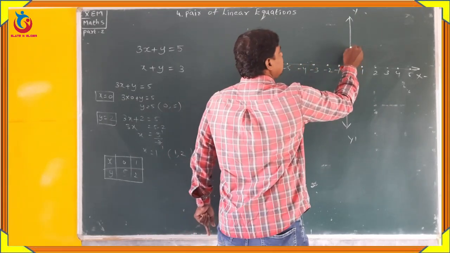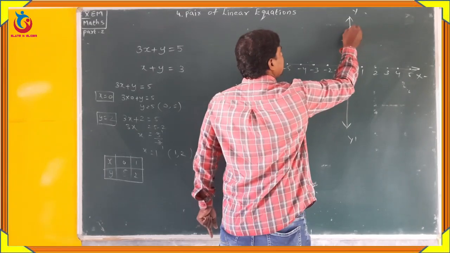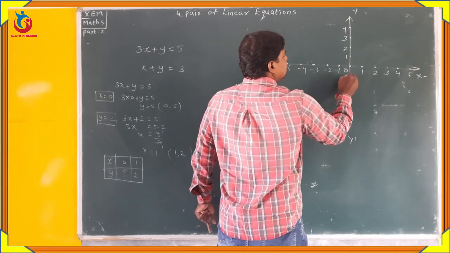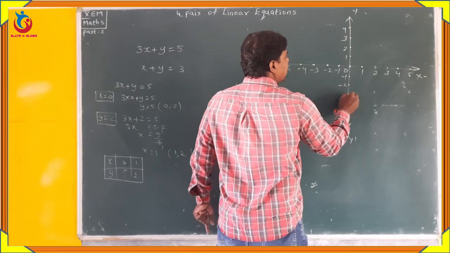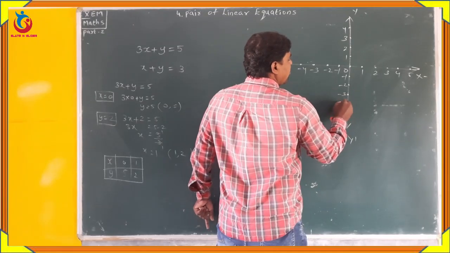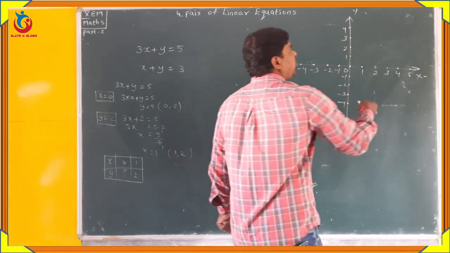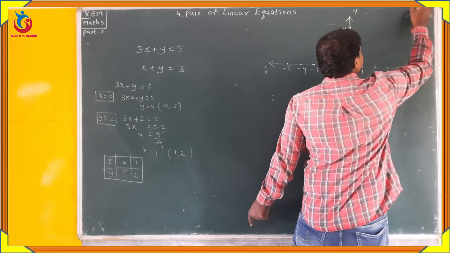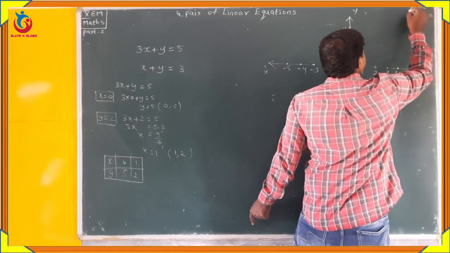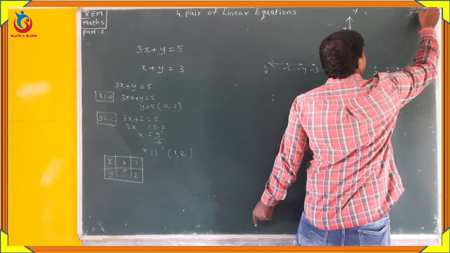Here we have to write 1, 2, 3, 4, and this side minus 1, minus 2, minus 3, minus 4, like this. And after that we have to write the scale at the top corner for the x axis.